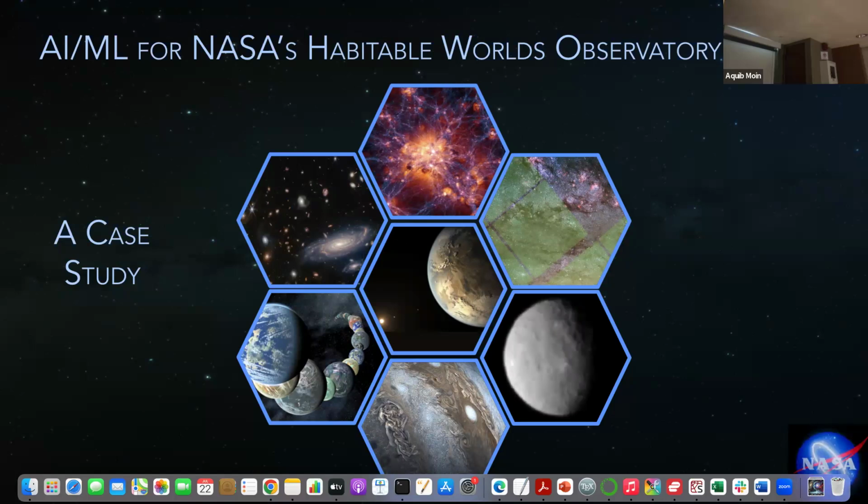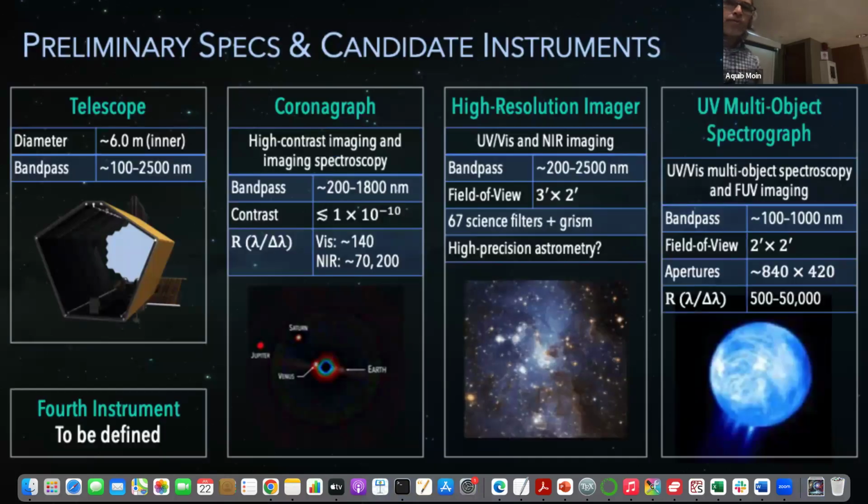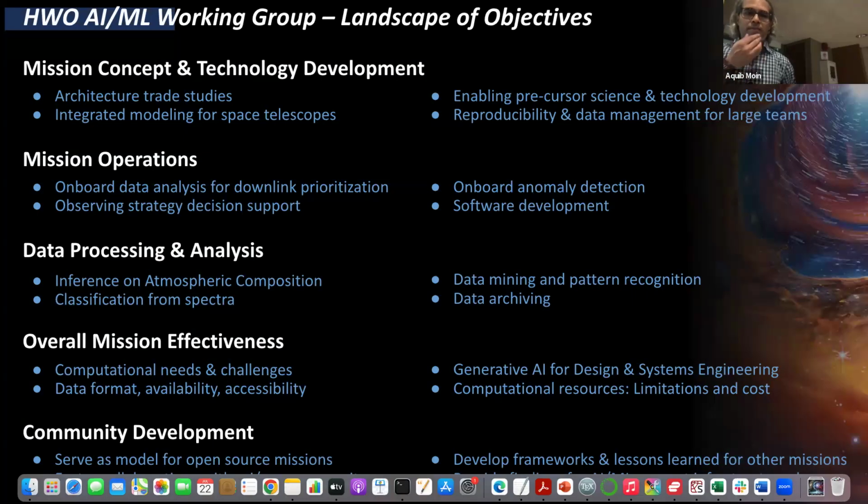How would you think about deploying AI and ML capability all across the mission landscape? I don't need to talk a lot about that. These are the kind of specifications that are being considered for HWO, but that's not my subject today.